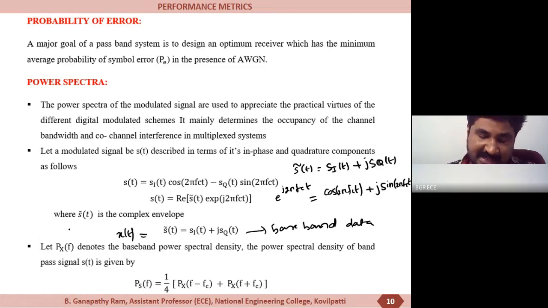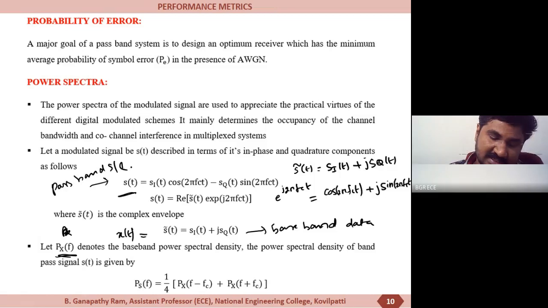Let Px of f be the power spectral density of the baseband signal, and S of t is the passband signal. This is the passband signal, and this x of t is the baseband signal.